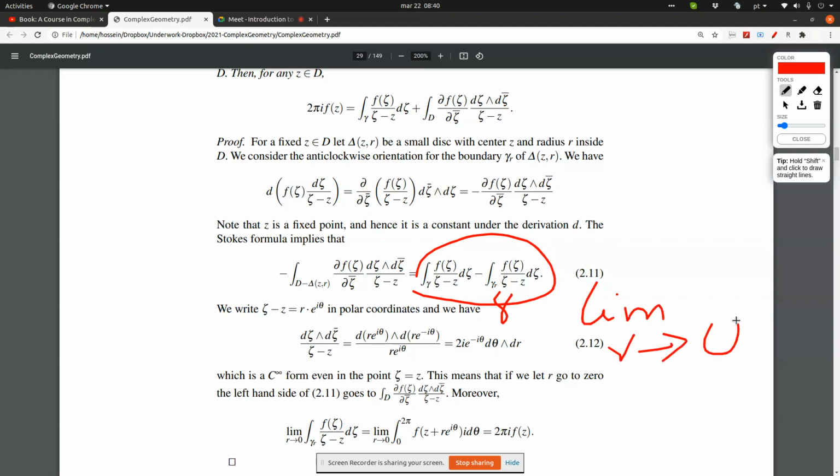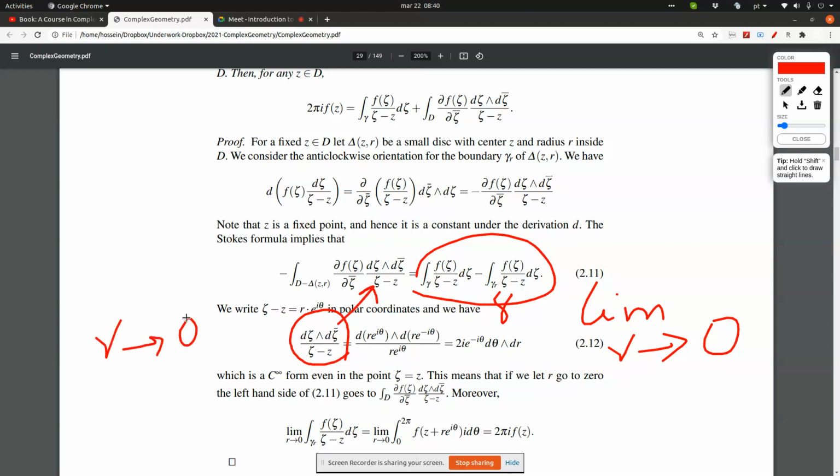Something that I didn't like in the Cunning book is the justification why this converges when r goes to zero.